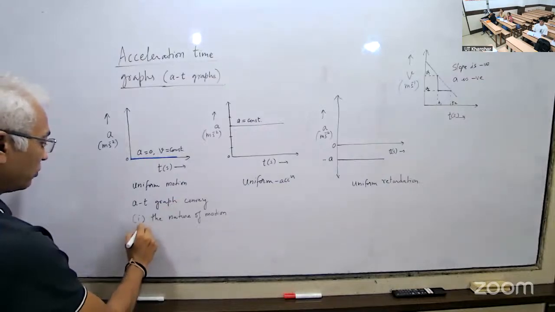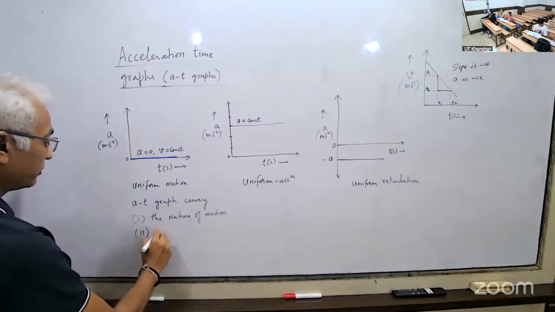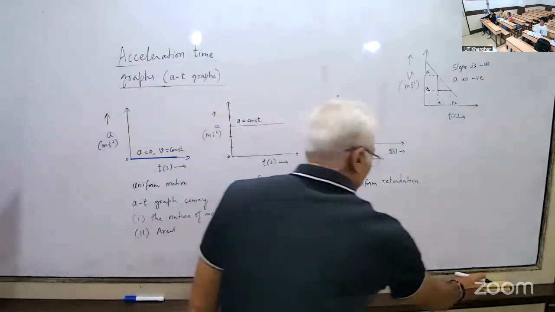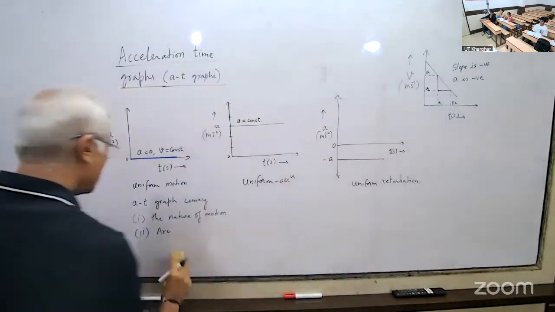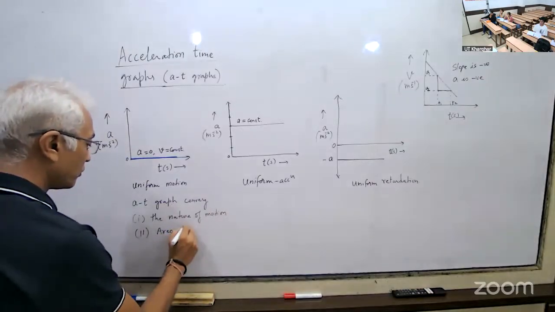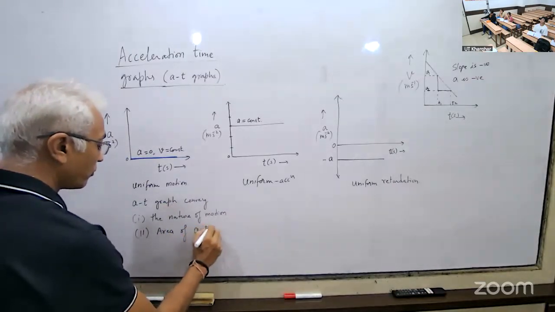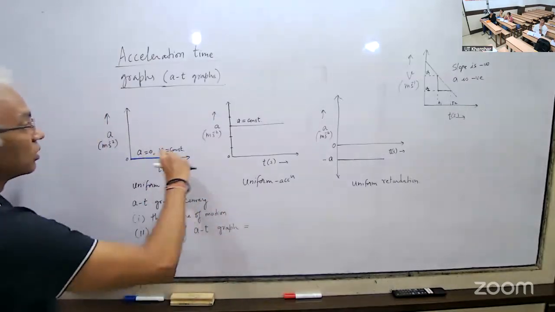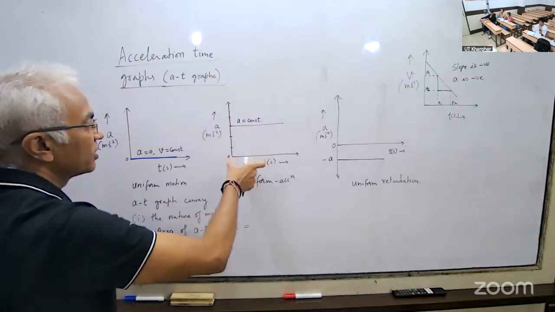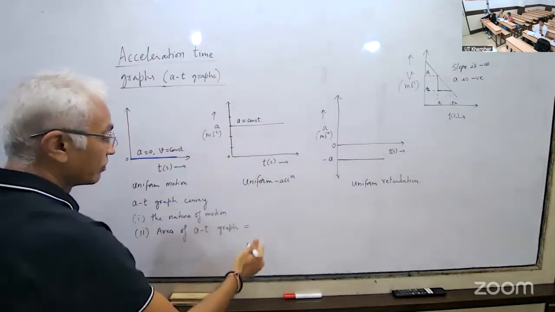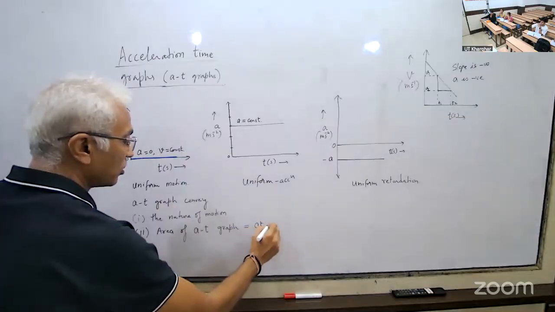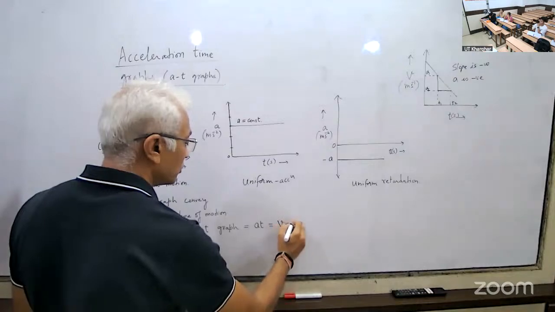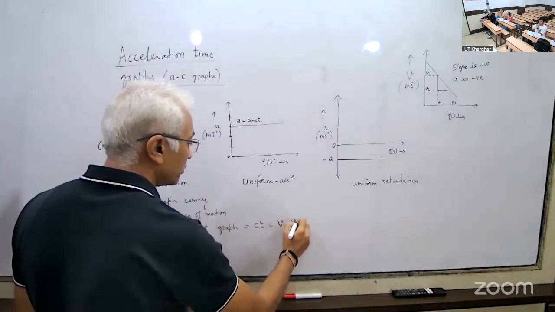And second, what is the area of the AT graph? What is this area? Acceleration into time. And how much is that? It is equal to V2 minus V1.